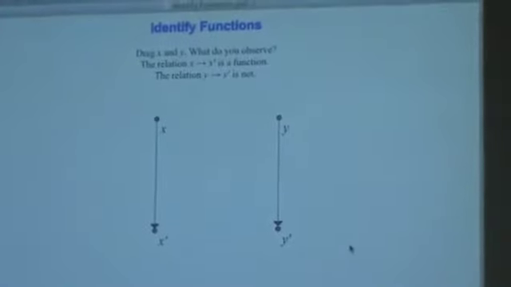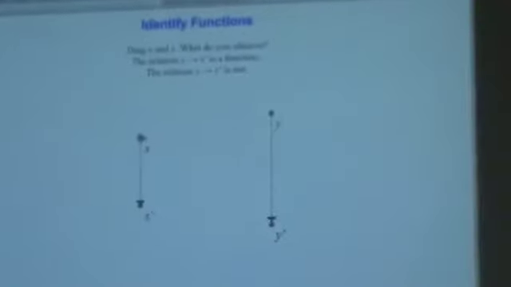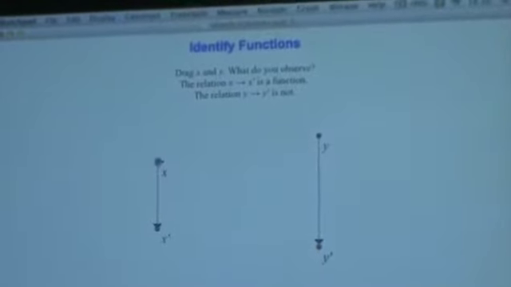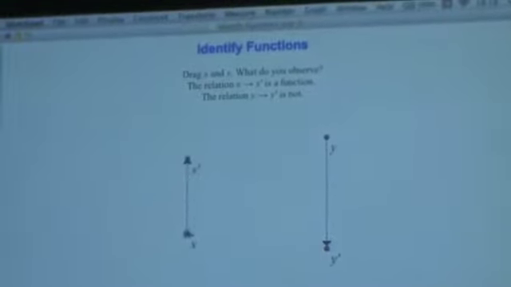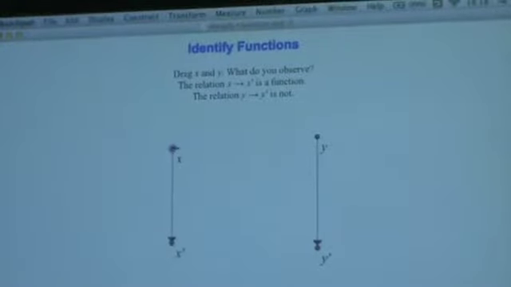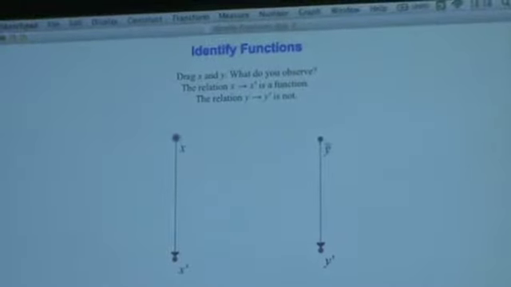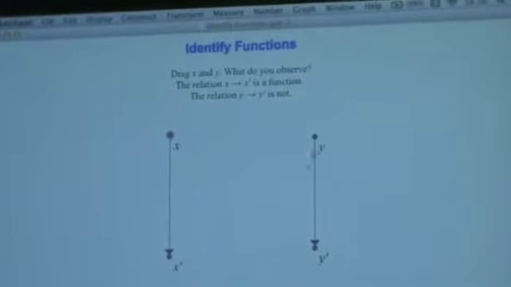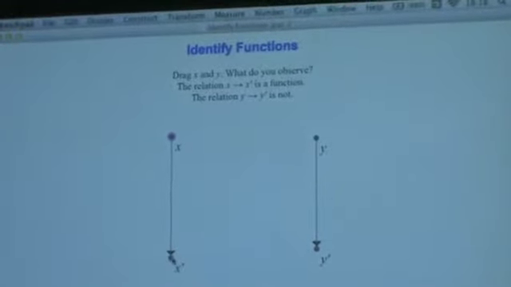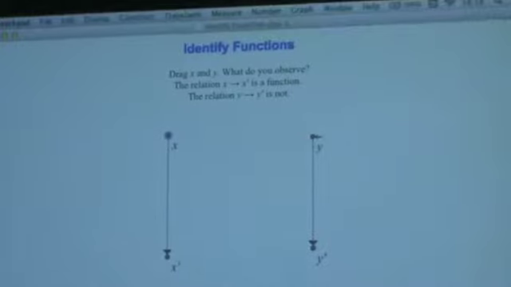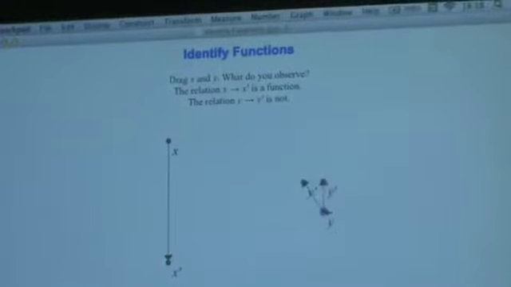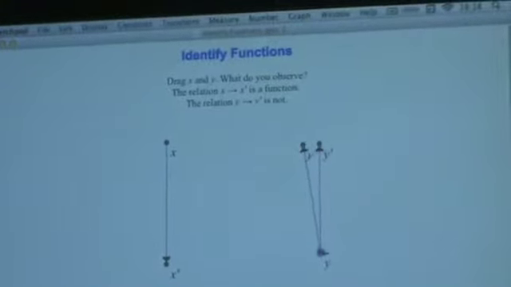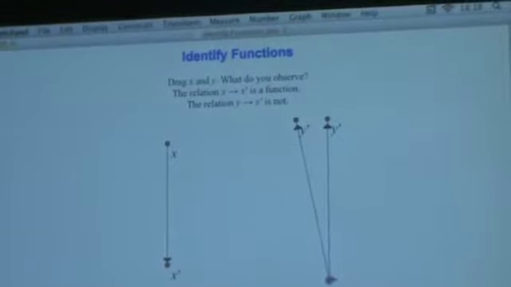So, John, will you do us the honors of dragging the independent variable for the first one? Okay, so that one's a function, and now drag the other one. No, the Y. And that one is not. What's happening?